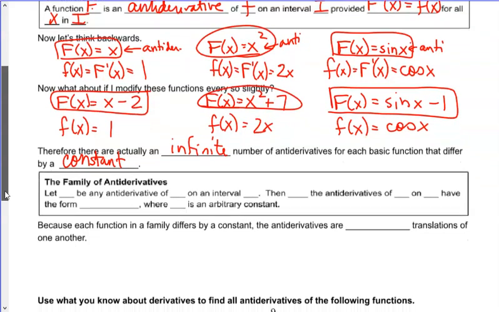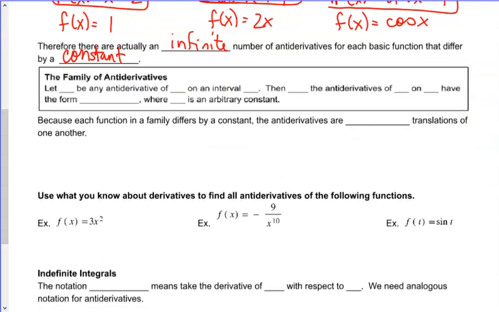Hence, this is what we refer to as a family of antiderivatives, because I'm going to let that capital F be an antiderivative of the little f on an interval I, then all the antiderivatives of f on some interval I have the form where I have the original function plus c, where we refer to c as an arbitrary constant.